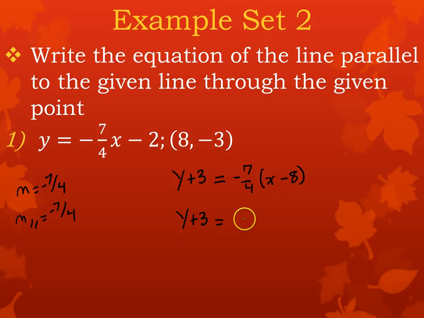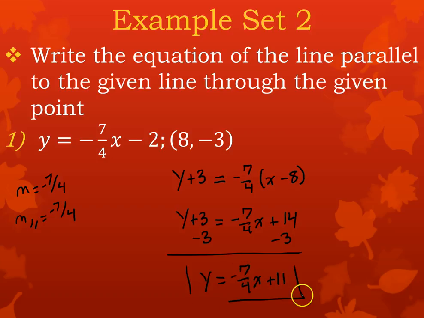Y plus 3 equals -7/4 x plus -7 times -8 is a +56, divided by 4 is a +14. I subtract 3 from both sides. Y equals -7/4 x plus 11. And there's my parallel line.